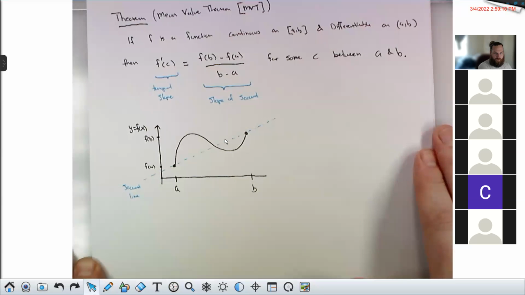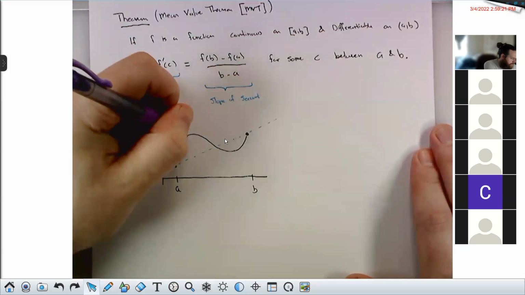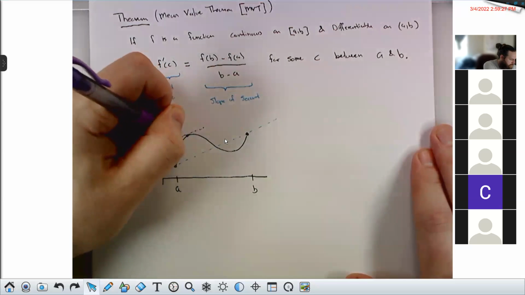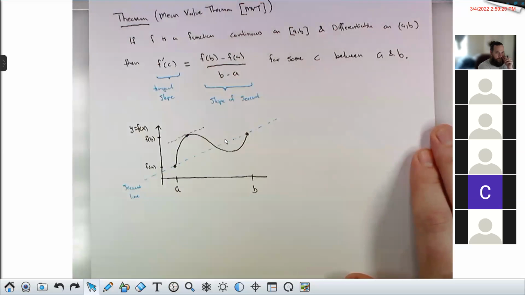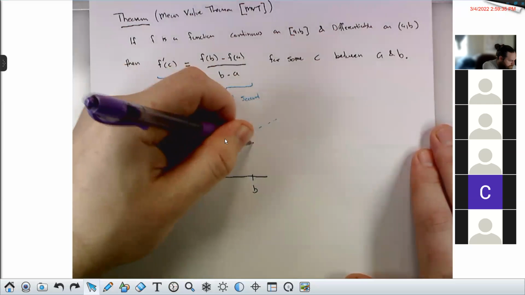Can you see where the parallel tangent lines would be? I think I see one right around here. And I think I see another one right around here.